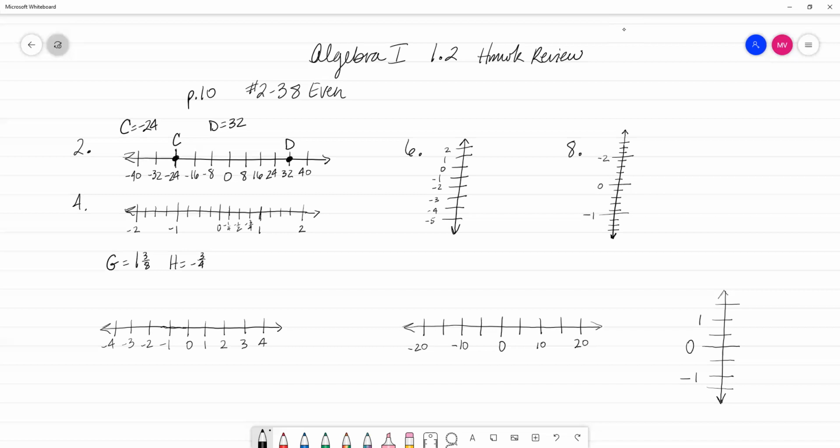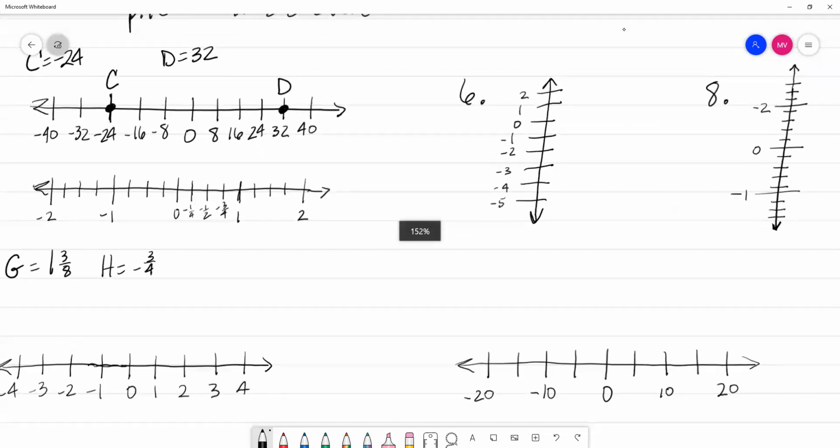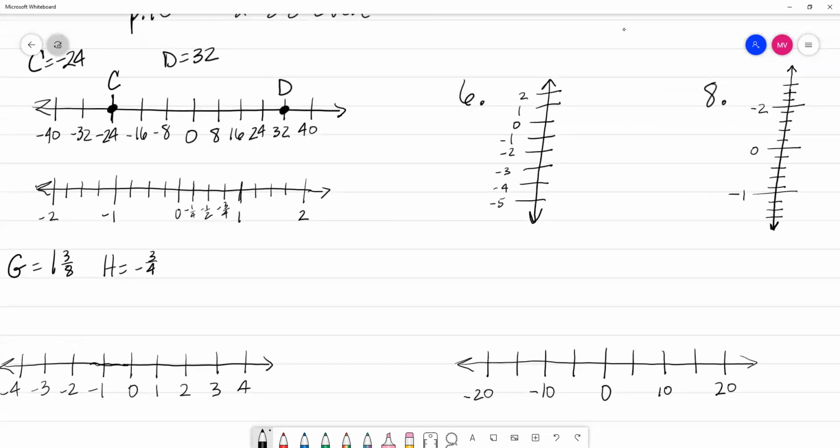So G, I'll make this a little bit bigger so you can see what I'm doing. 1 3/8, so I go positive to the right 1, and then I need to go 1/4, which is like 2/8. And then this might be 4/8, which we know is the same as 1/2. And so 3/8 is right there in the middle. So this is point G.